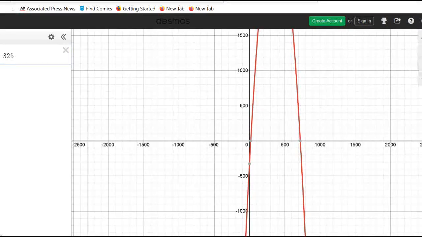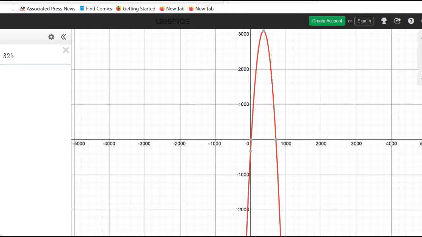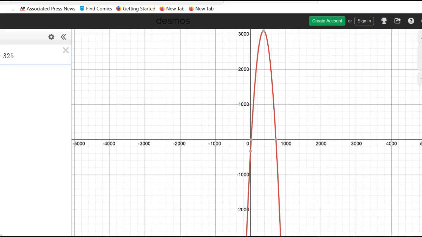I continue to zoom out, and it looks like I've got 20 and 500, 600, 700, a little more than 700. I make 0 profit. And if you remember, about 600 is where I'm at 1750. So I got this point way up here, which appears to be a little less than 400.